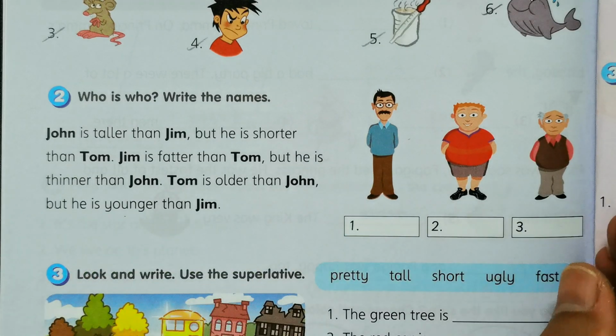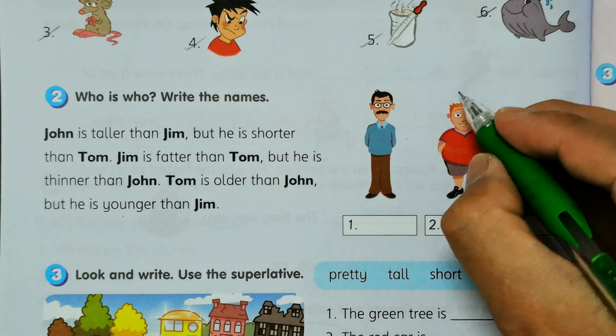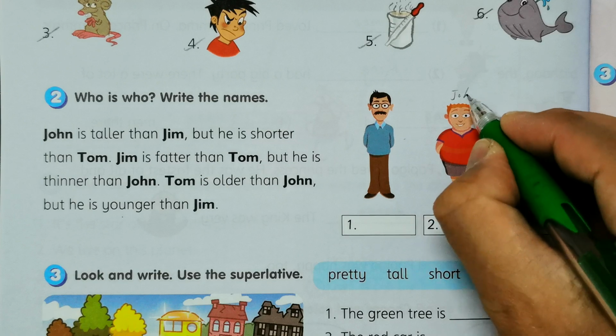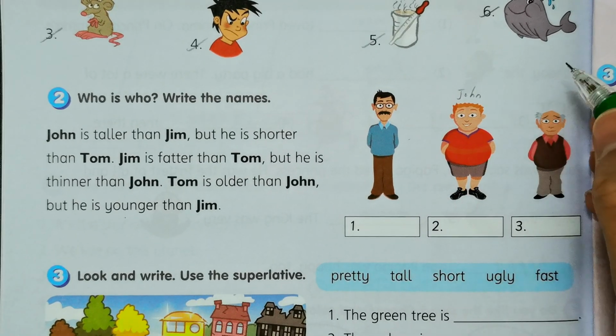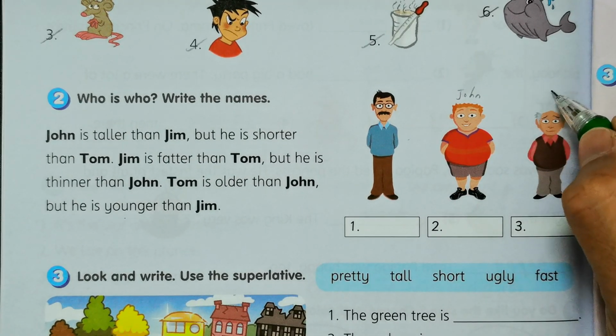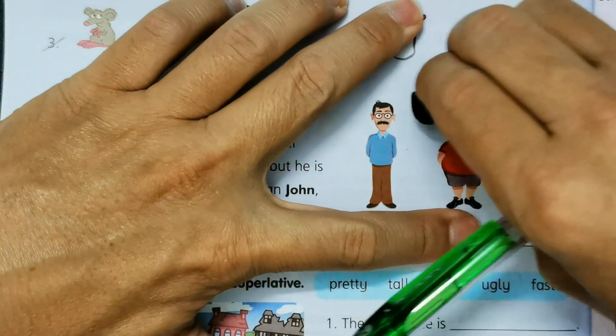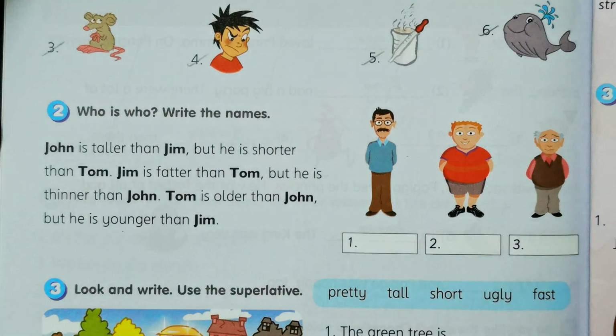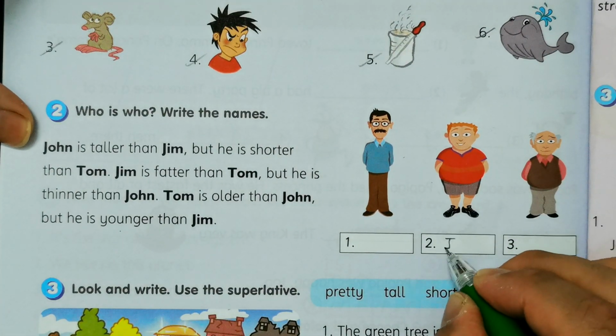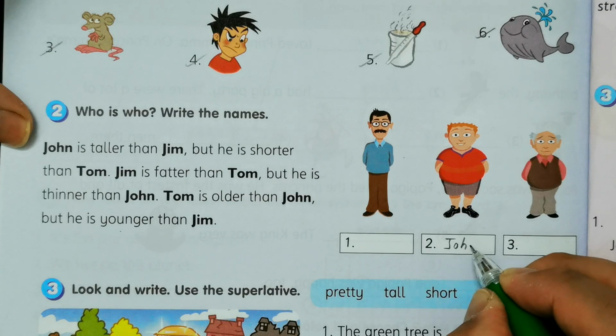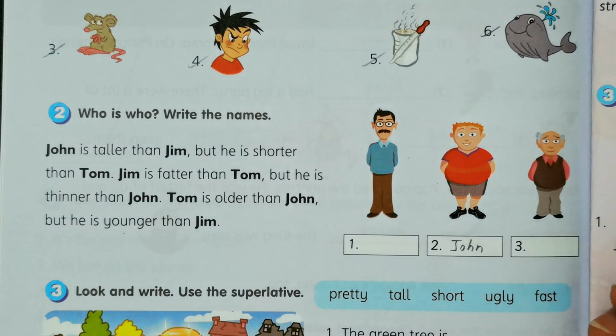So John is taller than Jim. So which means maybe this is John. And then maybe this is Jim. Okay, maybe I just write it at first. So John. Later we will check whether this is correct or not.